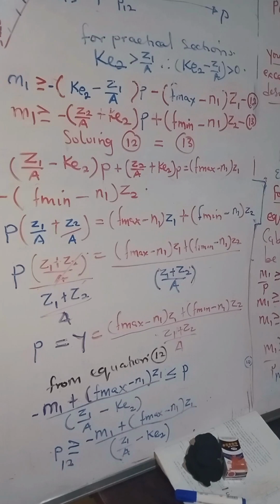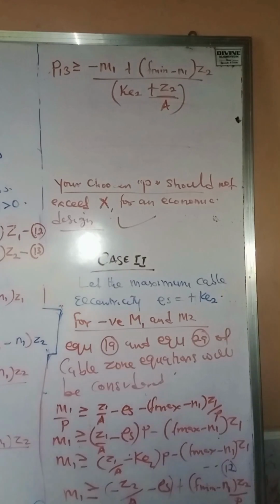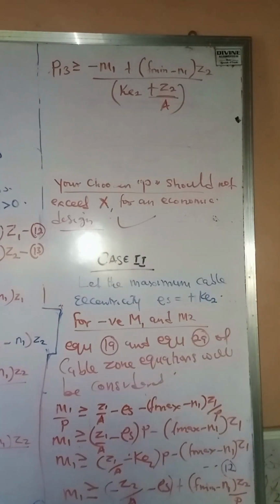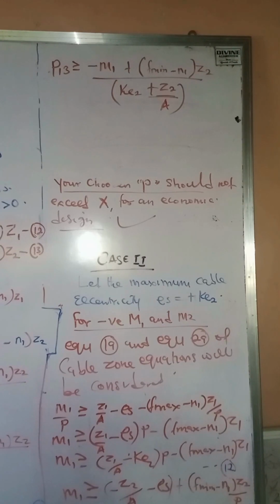So remember equation 12, we have it. If you solve it from equation 12, we have that the pre-stressing force for equation 12, P12, will be greater or equal to minus M1 plus, open bracket, F maximum minus N1, close bracket Z1, all over Z1 over A minus KE2. All right. So that's equation 13. Equation 13 is minus M1 plus F minimum minus N1 into bracket Z2, over KE2 plus Z2 over A. All right.